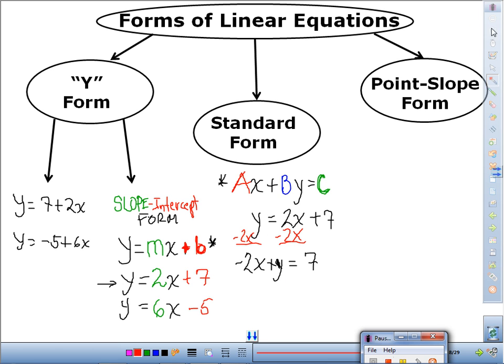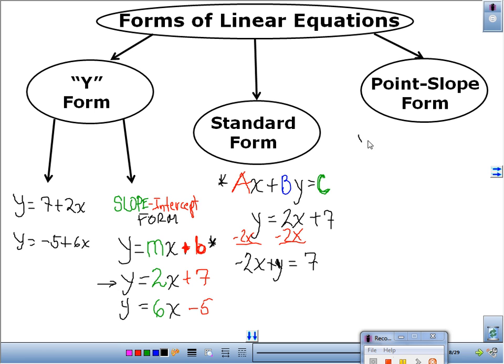Let's move on to point slope. Write this down, please. y minus y sub 1 equals m, open parentheses, x minus x sub 1.